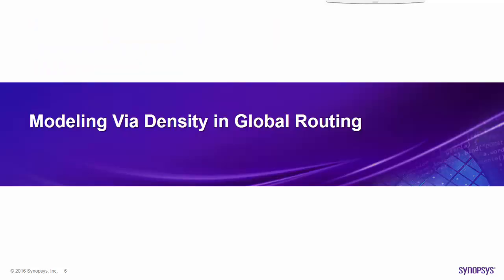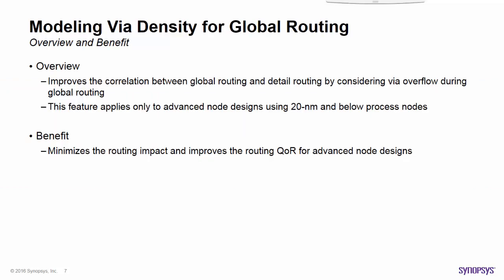Let's move on to the second feature, that is modeling via density in global routing for advanced node support. Overview and benefit. In advanced technology nodes, it is observed that strict wire rules with wire spacing larger than usual lead to unresolved design rule DRC violations at the end of the routing flow.